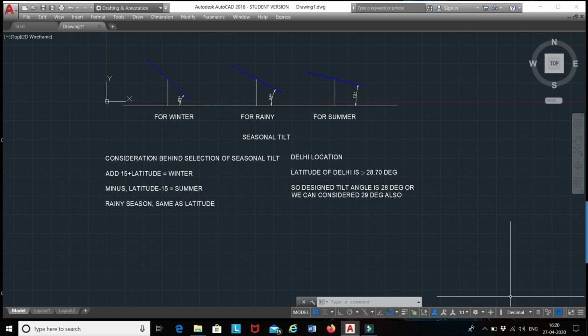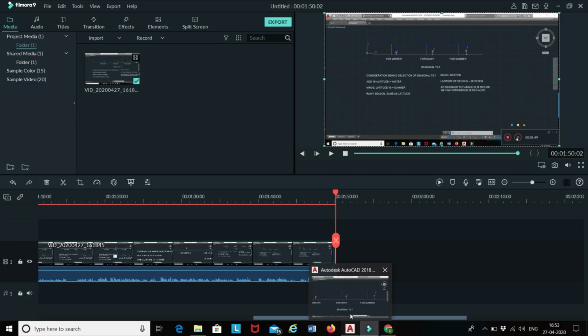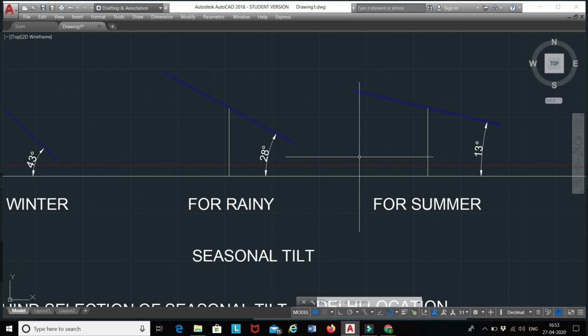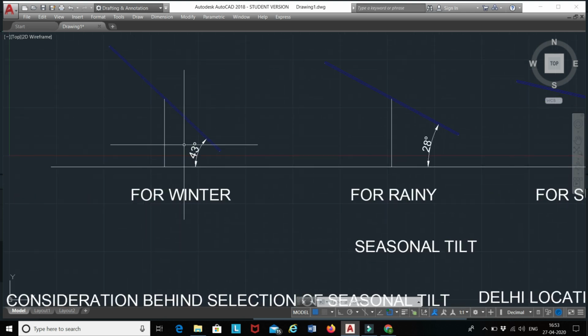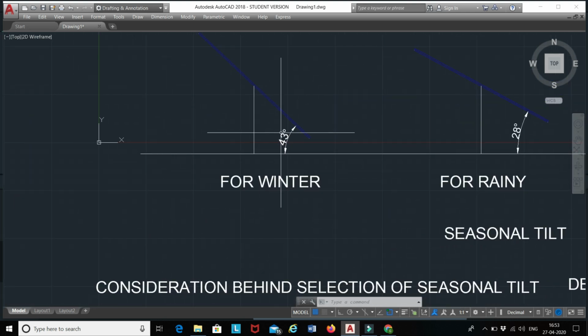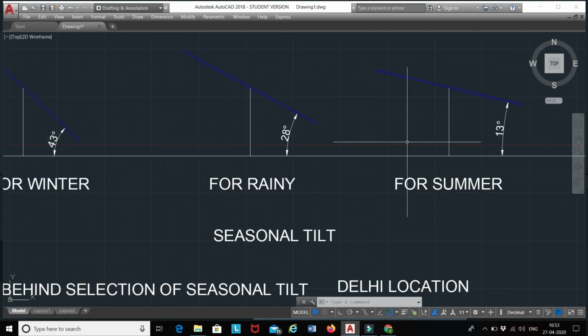Now you can see here these two cases are feasible and economical, because in both cases the structure cost is feasible and economical. We can easily design them, but in the 43 degree case the cost of structure is drastically high, because in the first cases you can see there is a provision to release the air.